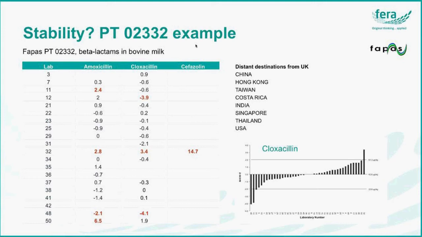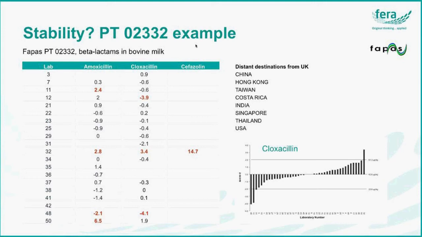That is, the samples had to travel a long way. The countries and the territories that they went to are listed there, so they include China, Hong Kong, Taiwan, Costa Rica, India, Singapore, Thailand, and the USA.